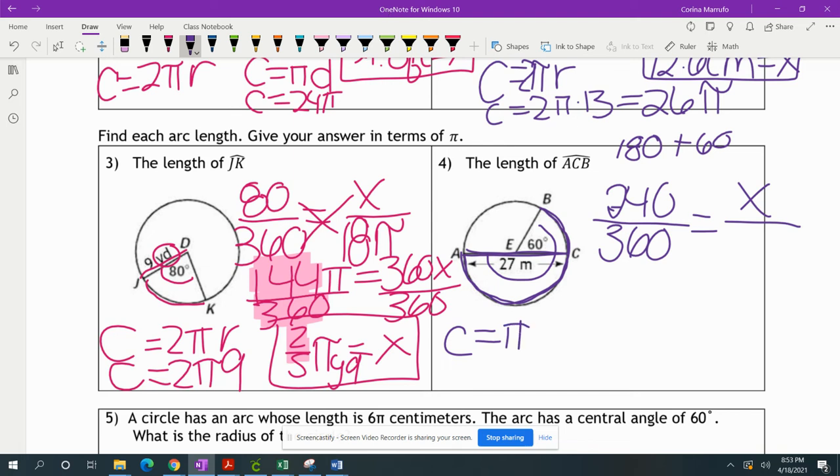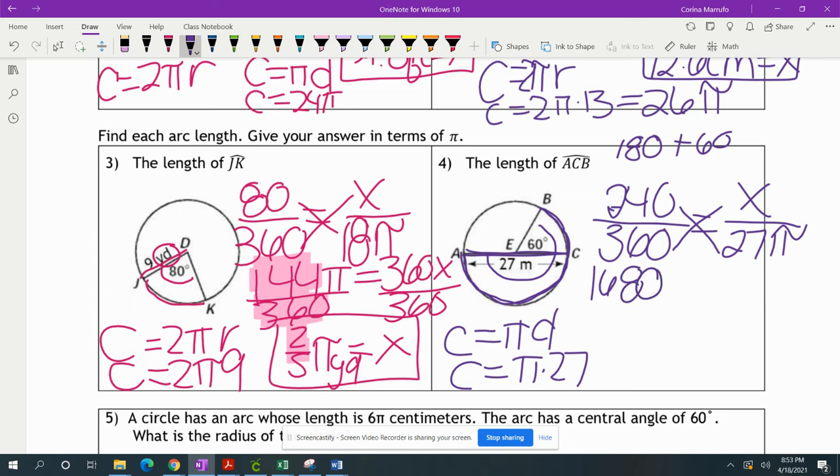So this time they give us the diameter, so we're going to use pi d. So it's going to be pi times 27, which we will really write the 27 in the front, the coefficient, 27 pi. Okay, we're leaving this in terms of pi, so I'm going to multiply the 240 times the 7. That gives me 1680 pi equals 360x.